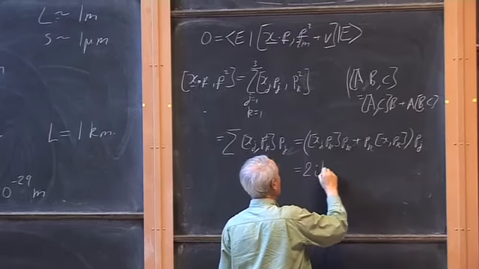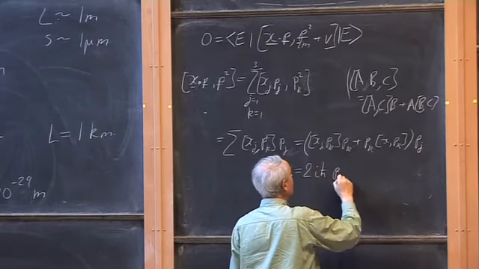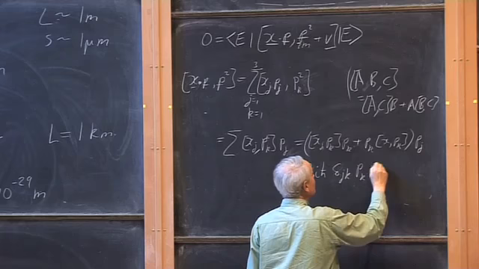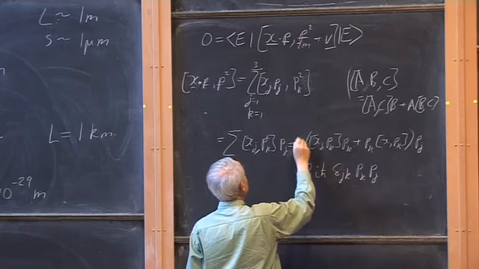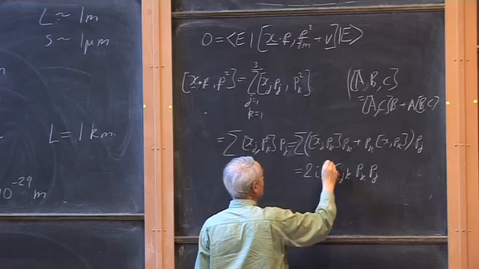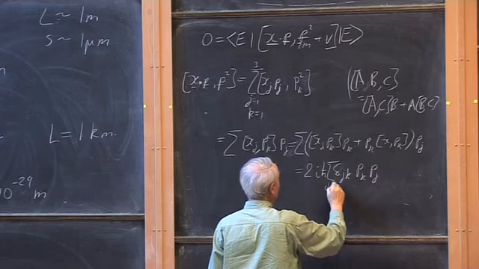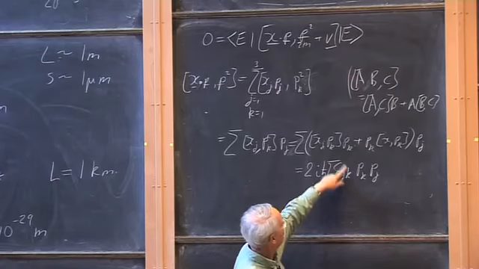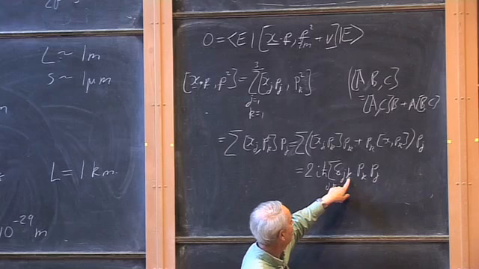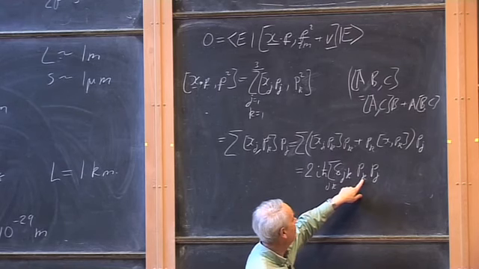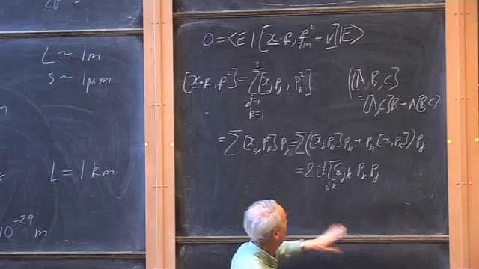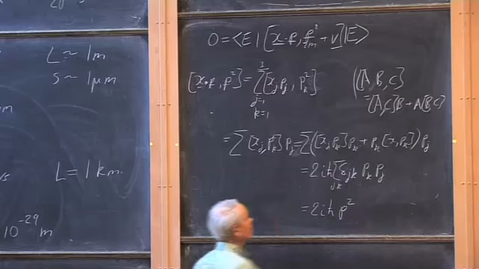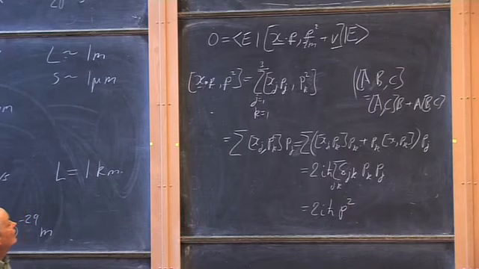This becomes 2ih bar delta jk pk pj. Here we have a sum sign: we're summing over j and over k. Sum over j, and you get nothing because of this delta jk unless j is equal to k. So this becomes pk pk summed over k, which is the same thing as p squared. So this is 2ih bar p squared. That's what the commutator is of x dot p with p squared.